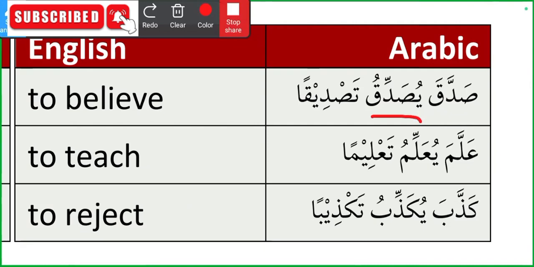The only change is on the ainul fail. We know which one is faul fail, which one is ainul fail, and which one is lamul fail. So faul fail is sad, ainul fail is dal, and lamul fail is qaf, right? So we only change the harakat of the ainul fail and it changes to yusaddaqu. Yes, please.